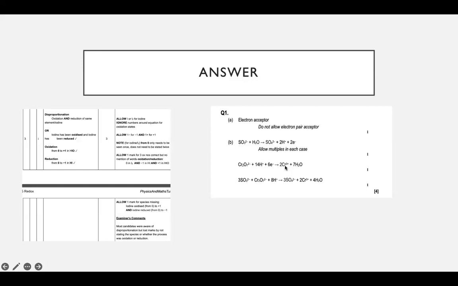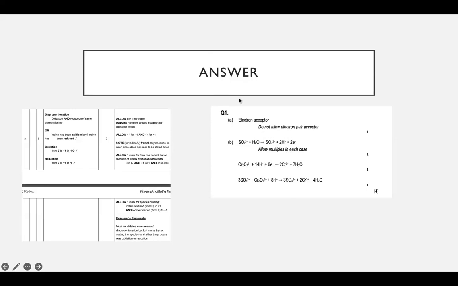And then after that, we balance out the 7 oxygens by adding 7 waters. That gives us 14 hydrogen protons over here. And then last step, balance out the charges with electrons. And then combine it with the sulfur one, and multiply the top sulfur equation by 3. And now you have 6 electrons in this one, 6 electrons in this one, and combine them.